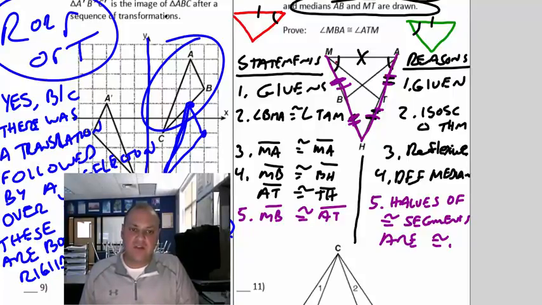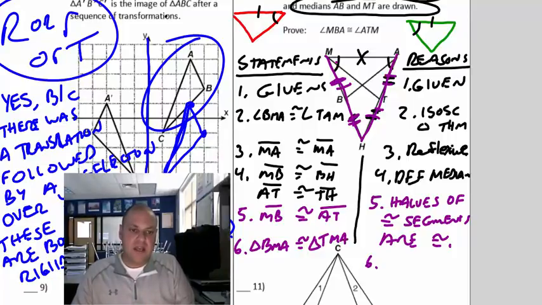So now we got it. We got side, angle, side. So we have triangle BMA congruent to triangle TMA, and that would be by side, angle, side.